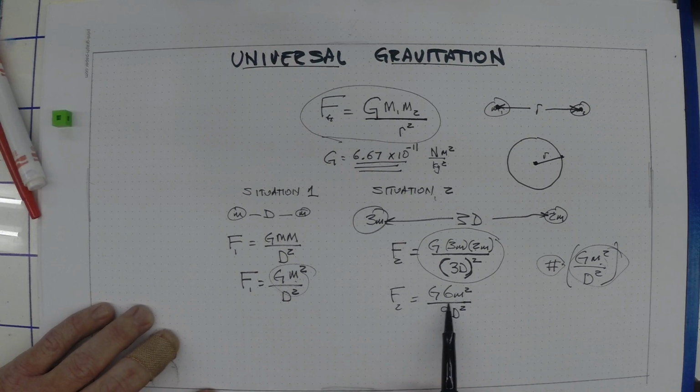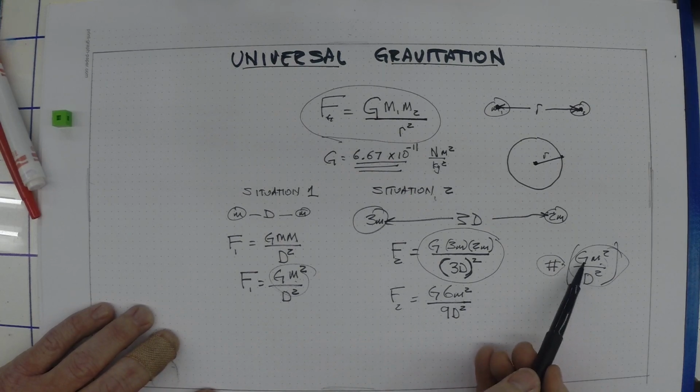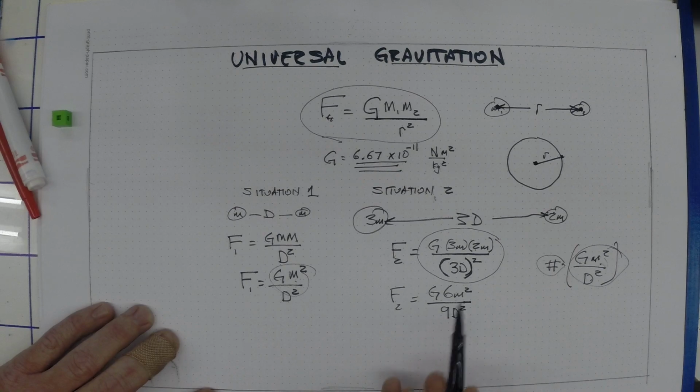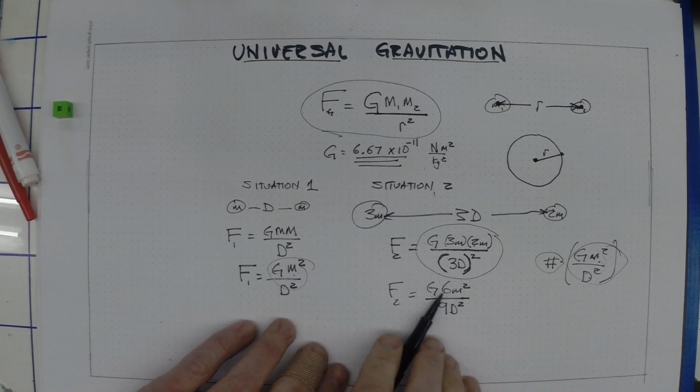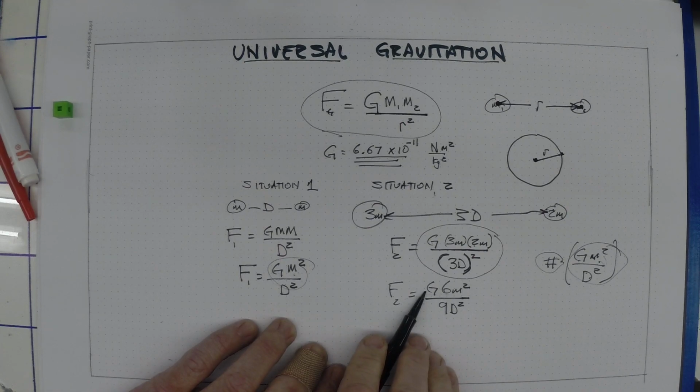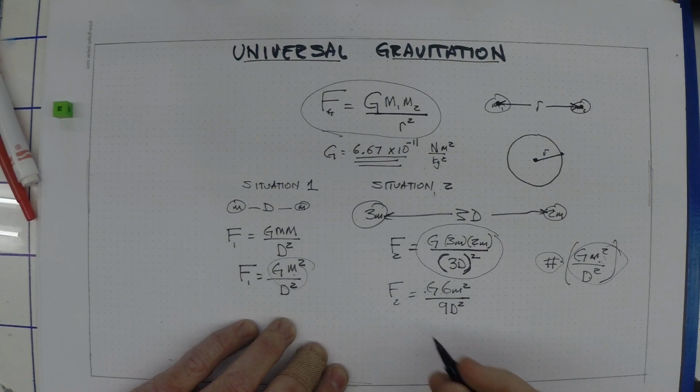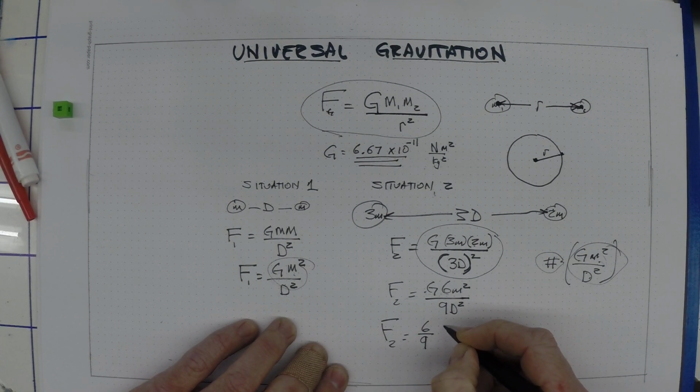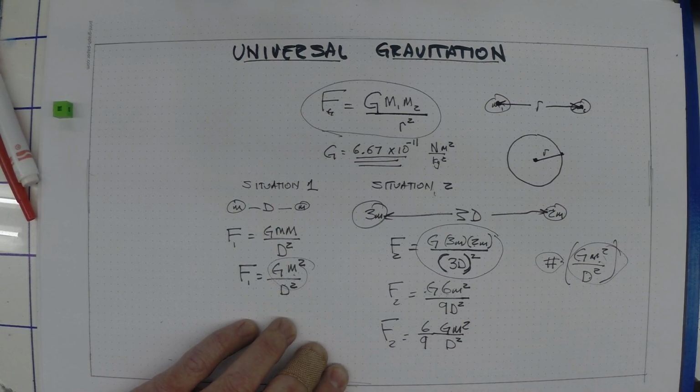And I'm going to just move anything that isn't this, this, or this over to the left. So the 6 and the 9, it doesn't matter what order you multiply them, right? The 6 can go in front. 6 times G times m squared is the same as G times 6 times m squared. The order doesn't matter. So F2 can be written as 6/9 times G m squared over d squared.